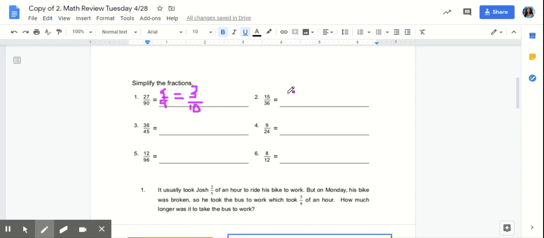Number 2, 15 over 36. I know that 15 and 36 have 3 as a common factor. So I'm going to multiply them both by 3. Sorry, I'm going to divide them by 3.